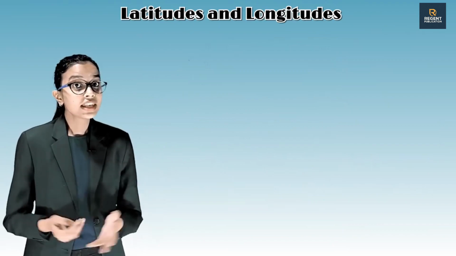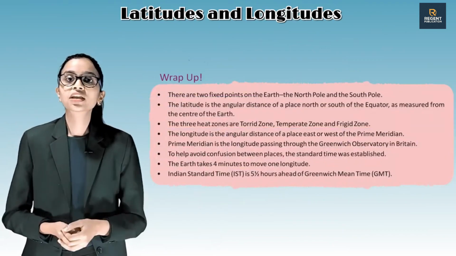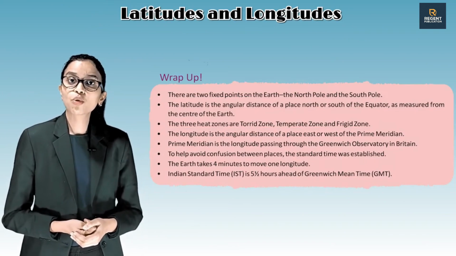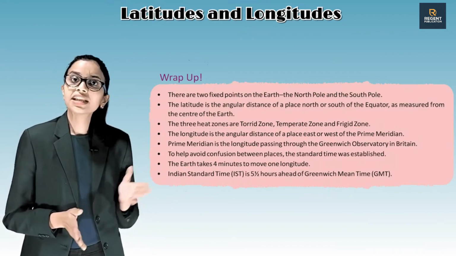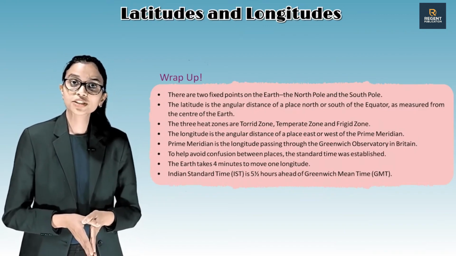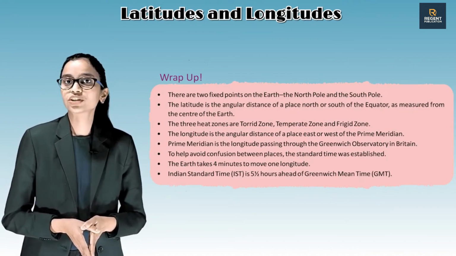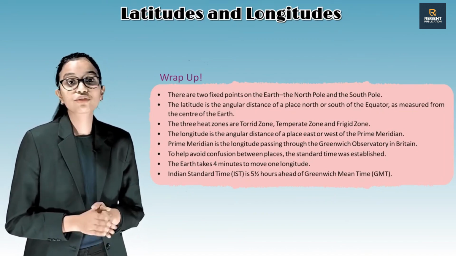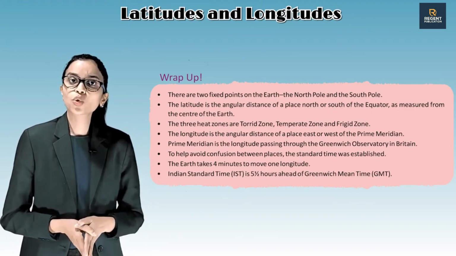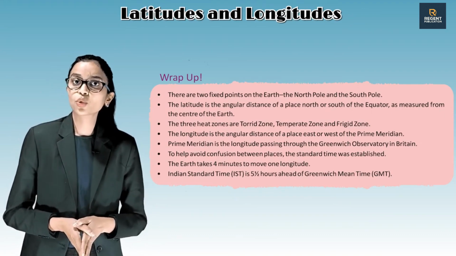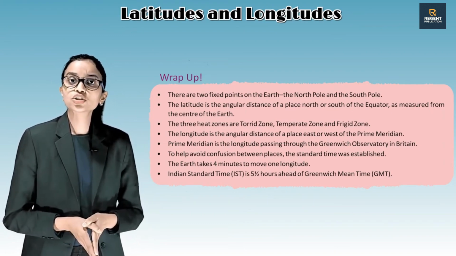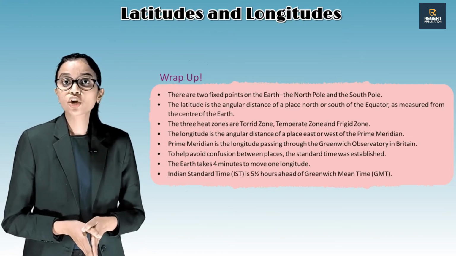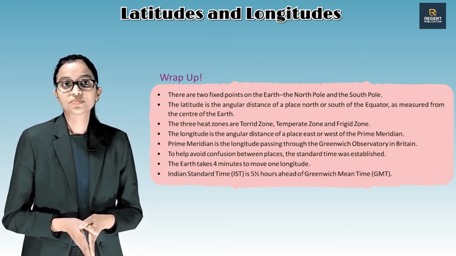So children, let's wrap up. There are two fixed points on the earth, the North Pole and the South Pole. The latitude is the angular distance of a place north or south of the equator as measured from the center of the earth. The three heat zones are torrid zone, temperate zone and frigid zone. The longitude is the angular distance of a place east or west of the prime meridian.